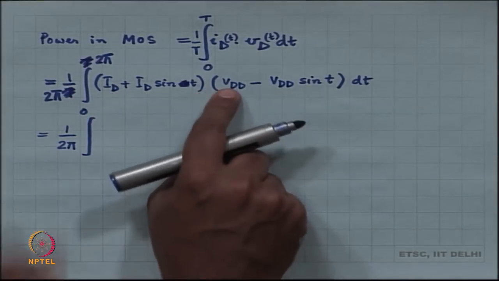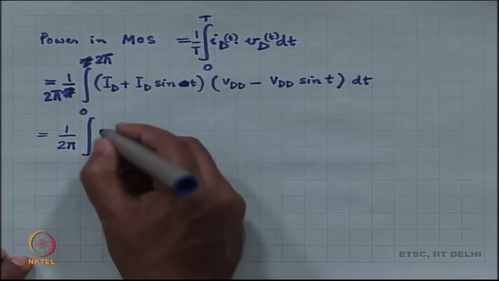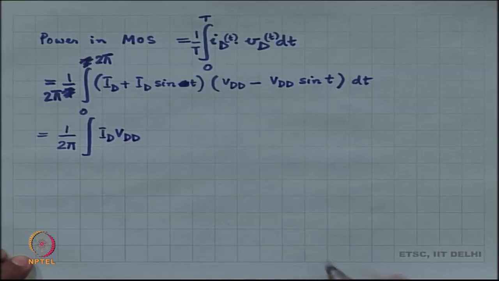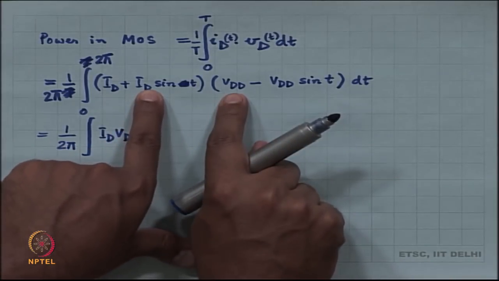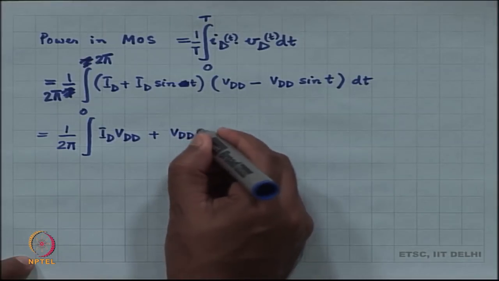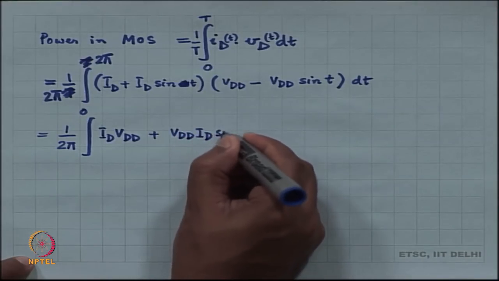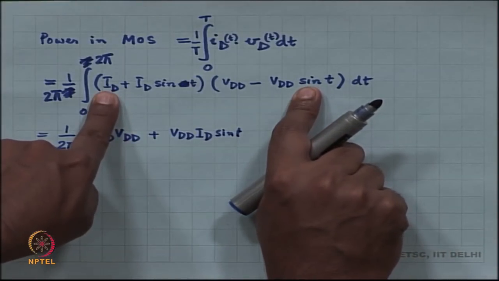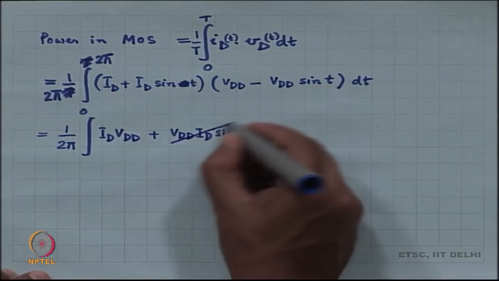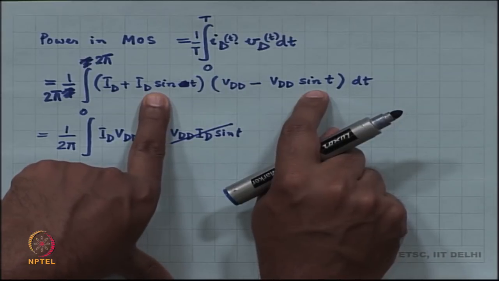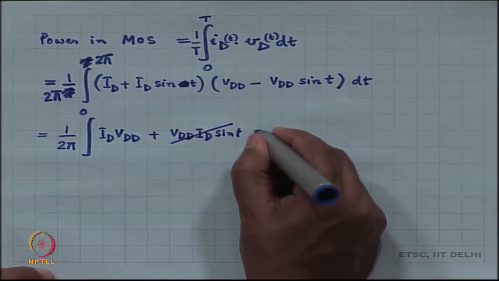Now, what you want to do? You want to take I_D times V_DD, and then you want to take V_DD I_D sin t, then there is minus V_DD I_D sin t, which cancels this term out, and then finally, you have got minus V_DD I_D sin square t.